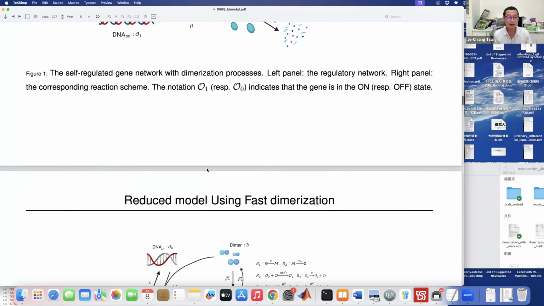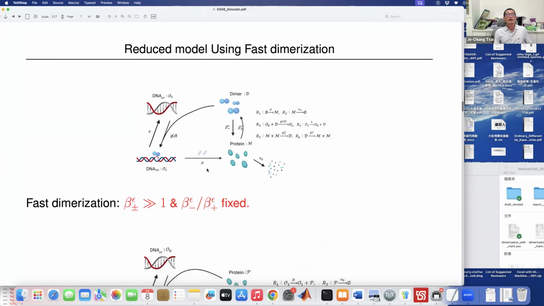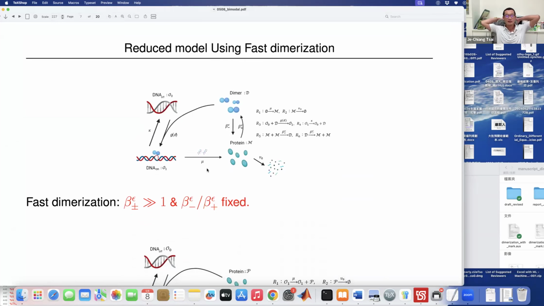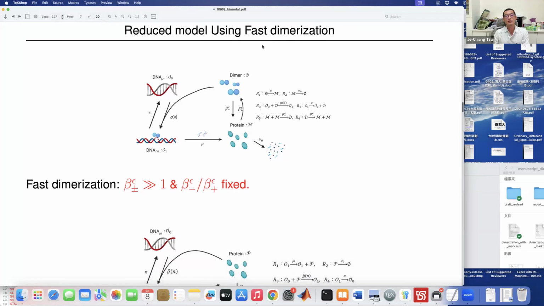Okay, and then at the first step, I assume fast dimerization. I mean that the fast dimerization process means that these association processes are very quick and in equilibrium.